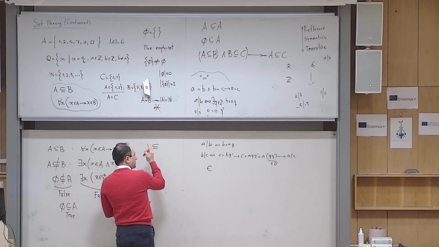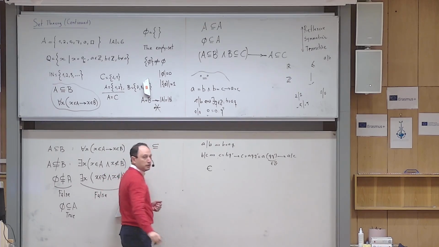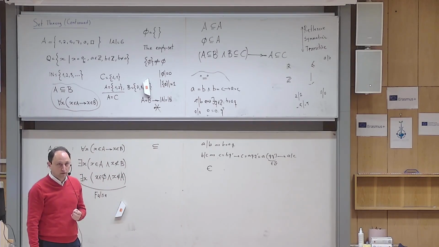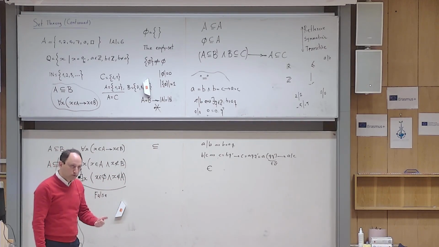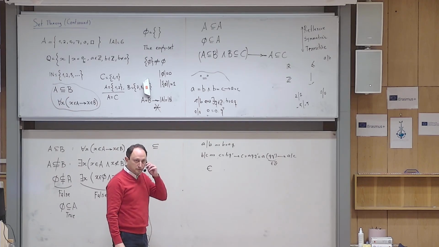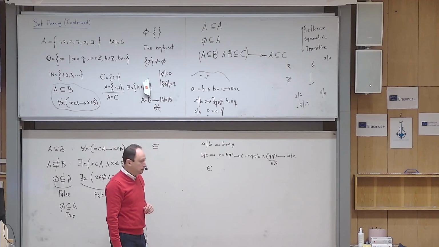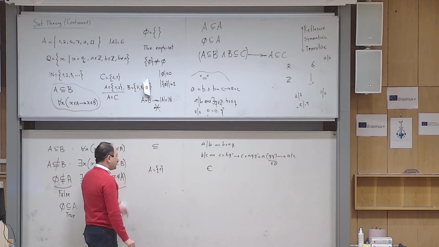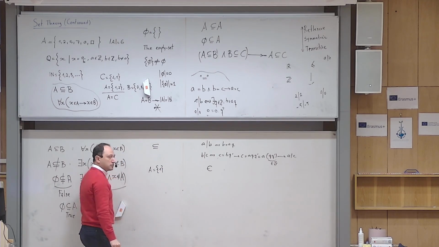I want to answer similar questions for this relation. Is this reflexive? If it is going to be reflexive, it means every set should belong to itself, which is not true. For example, if I write A equals 1, if I ask you to write a set to which A belongs, what do you write?